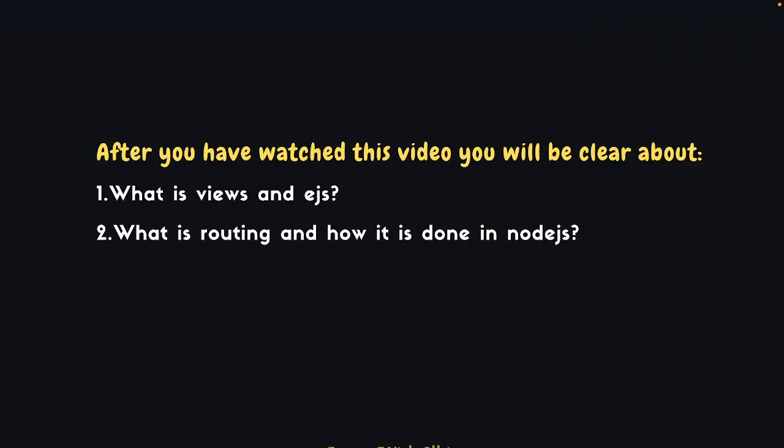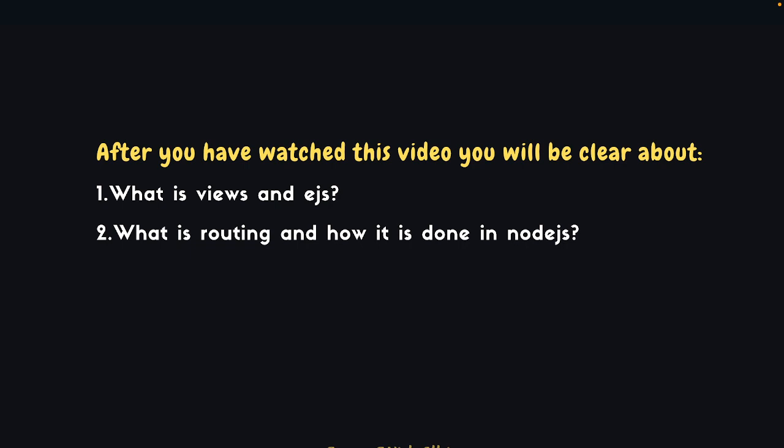So, what are views and EJS? Okay, so what comes to your head when you hear the word views? I think when you hear this word, words like scene and visual start coming into your head, right? Okay, view also means the same.